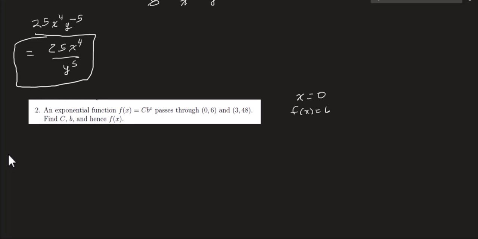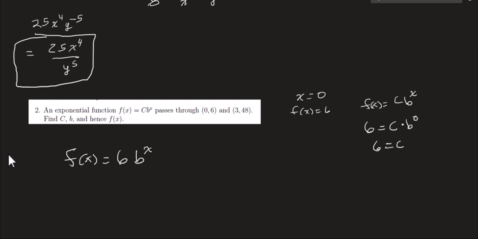So if I had f of x equals cb to the x, that gets me 6 equals c times b to the 0. B to the 0 is 1, so 6 is equal to c. So now I know that f of x equals 6b to the x because c is 6.